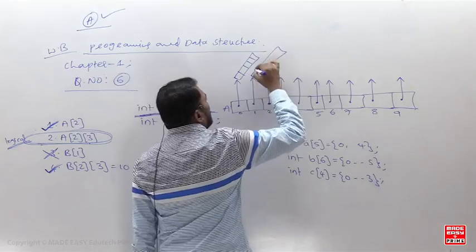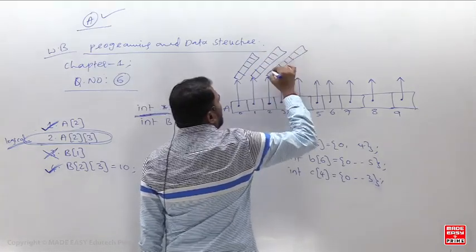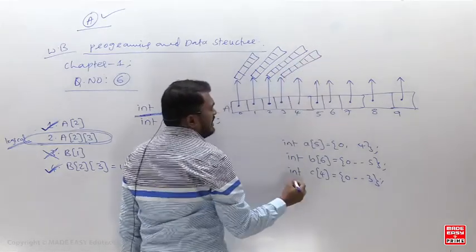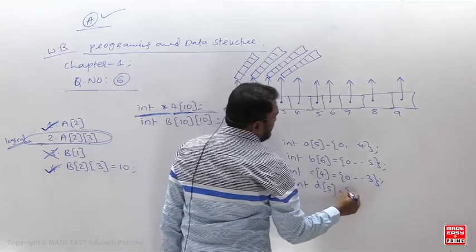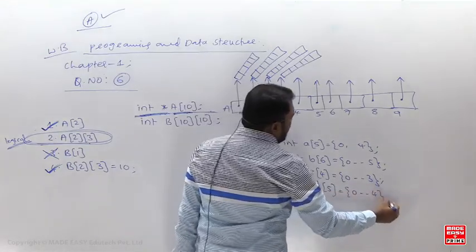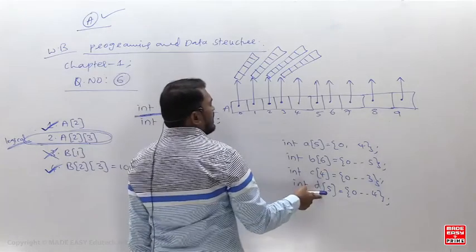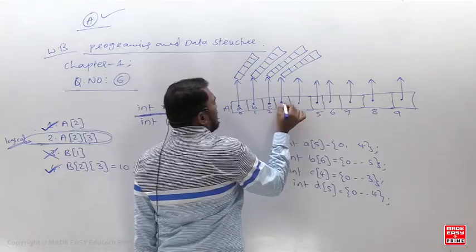This is also a one-dimensional array with some elements. This is also a one-dimensional array, and here also a one-dimensional array with some elements. And integer d[5], let's say indices 0 to 4. Now understand what I am doing here. I am simply storing a here, b, and storing c and d.